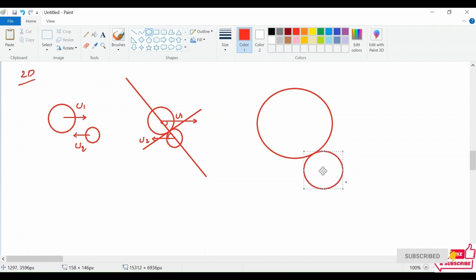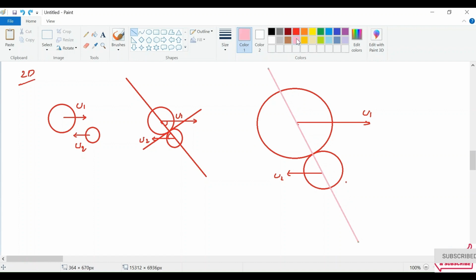They collide. This is the velocity of the first one, u1, and this is the velocity of the second one, u2, and I want on this line what the velocity is.